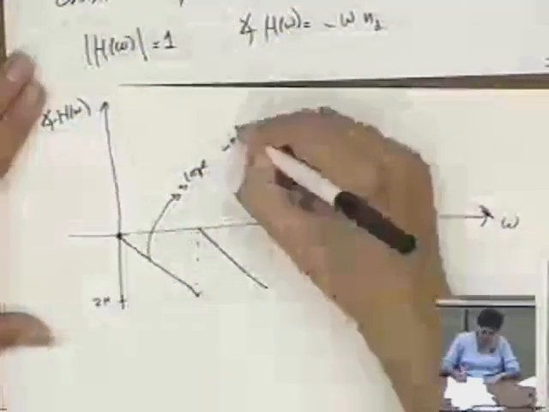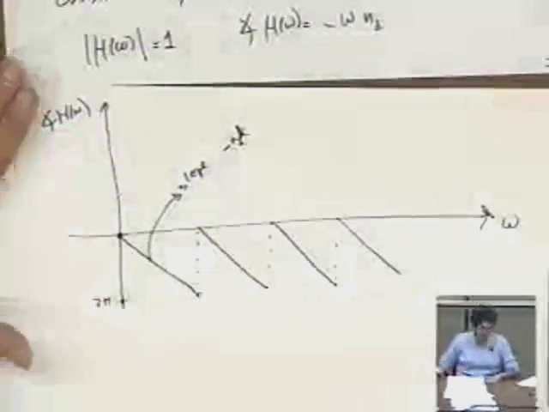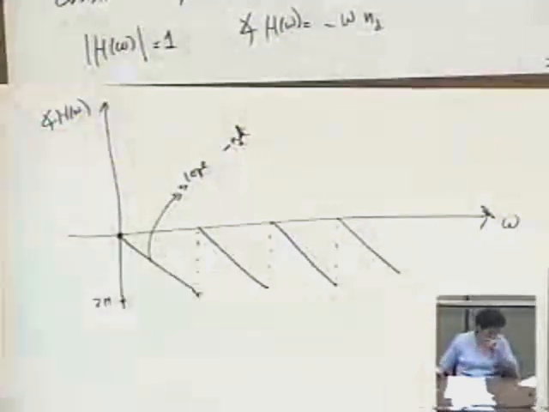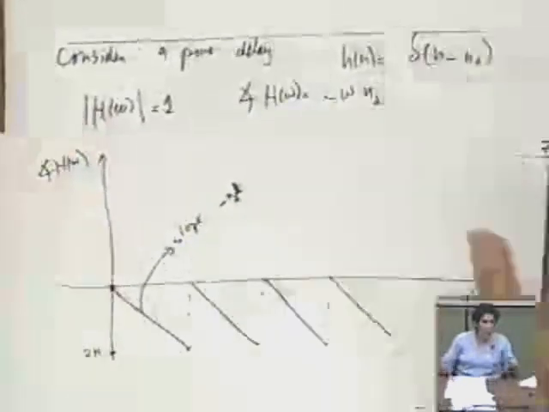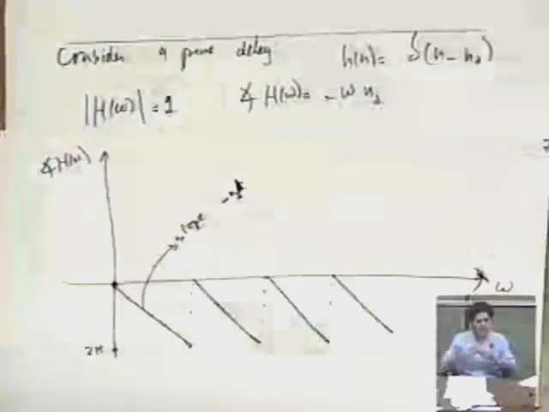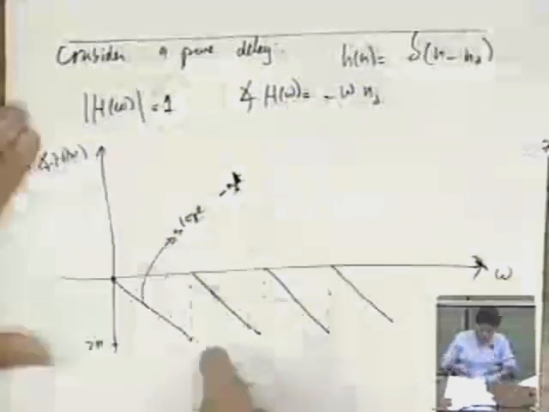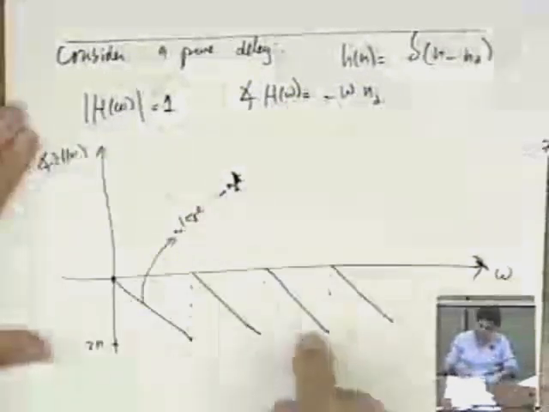What it says is that the slope of this line is minus n sub d. So what does that mean? If I have just a pure delay system, is that a linear phase?